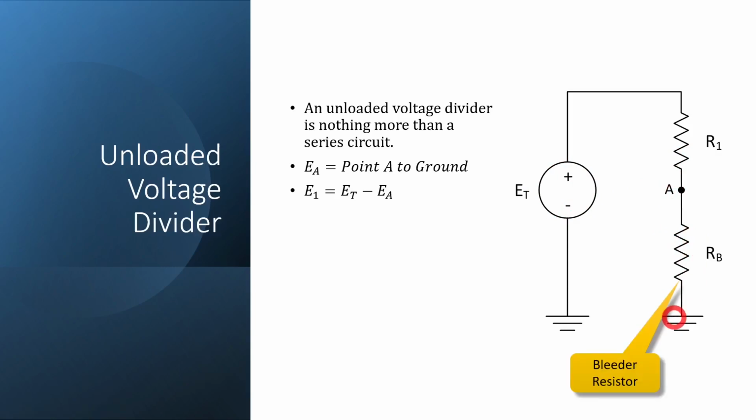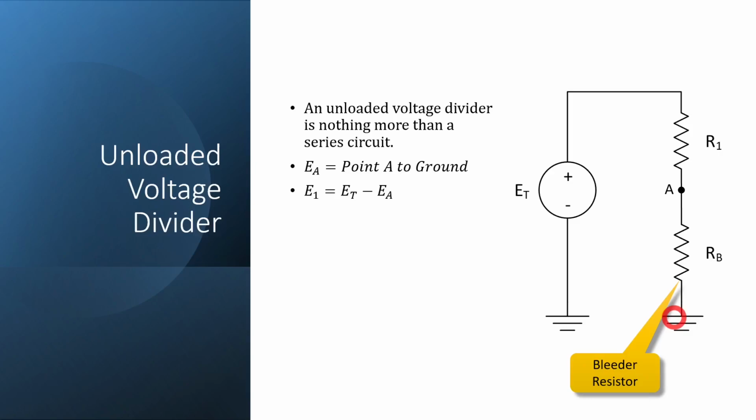Now this lower resistor, if you notice, the name has also changed from R sub 2 to R sub B, and the reason why is it's going to be termed a bleeder resistor. So the B just stands for bleeder, and we're going to find out why when we get into loaded voltage dividers, why that's called a bleeder resistor.